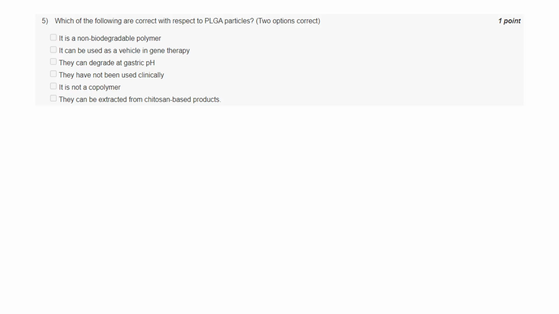Does anybody have option 2 and 3, ma'am? Okay, any other answer? I'll give you guys some time to read through the options. Ma'am, is it A and C? A and C. Okay, we'll discuss through the options once again. Hold on for a while. Anybody else has an answer?